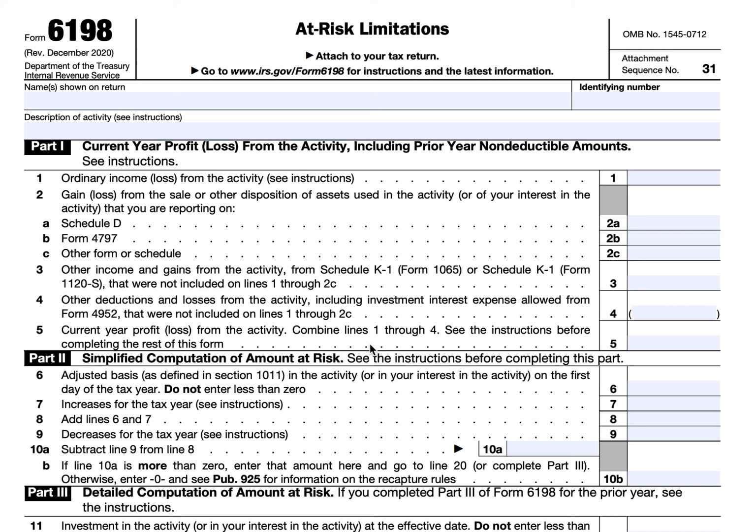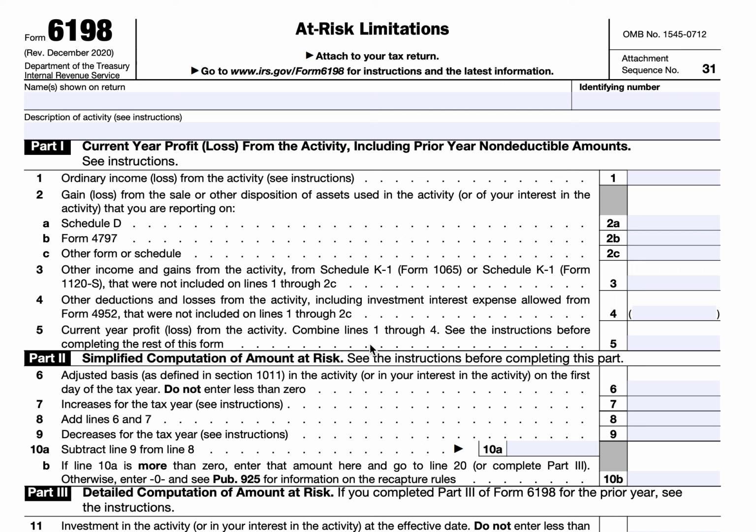So you are not considered at risk for any of the following types of activities. 1, non-recourse loans used to finance the activity, acquire property, or acquire your interest in the activity, unless the non-recourse loan is secured by your own property that is not used in the activity.